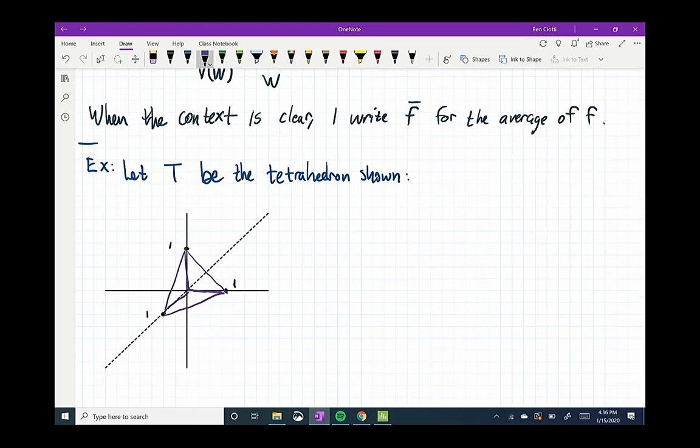Okay, so there's T. Let's find the volume of T. And then let's find the average height of a point in T.